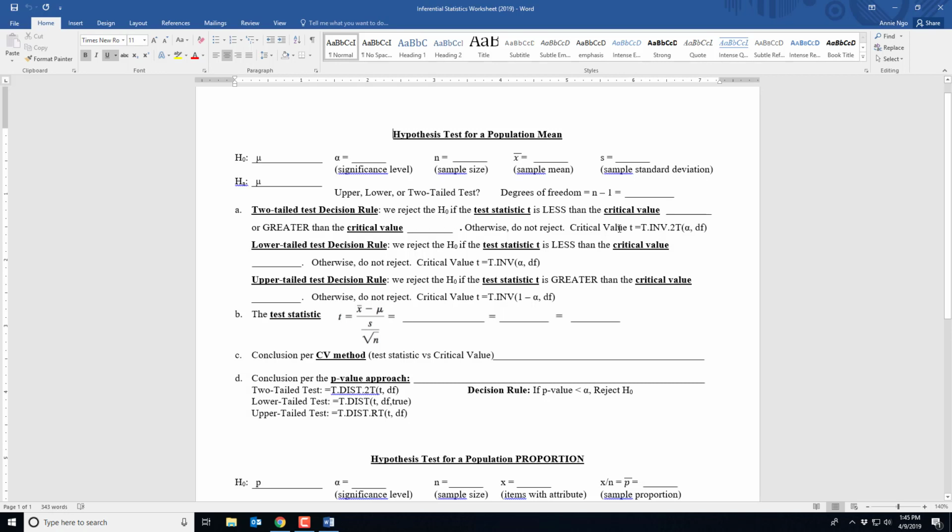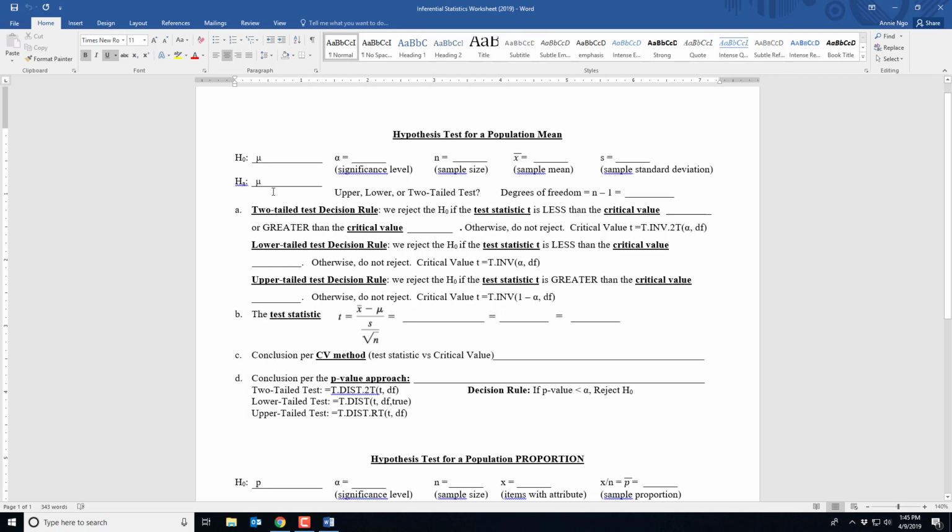And I give you the formula on how to find the critical t-value for your decision rule. If your hypothesis test has an alternative statement that is less than, then you want to use the lower tail decision rule here. And again, I give you the critical t-value in Excel to find your t-values for the decision rule.